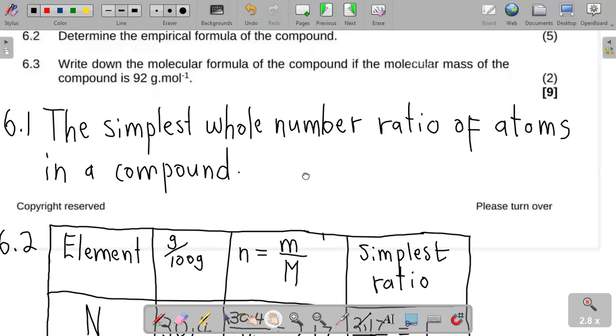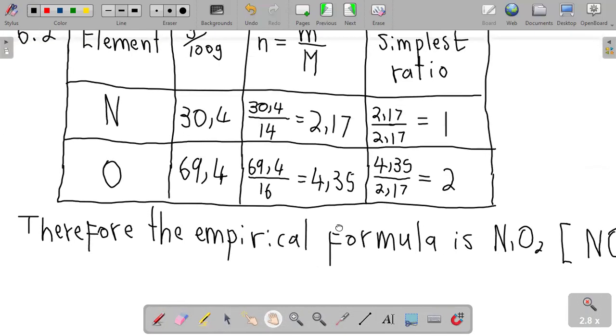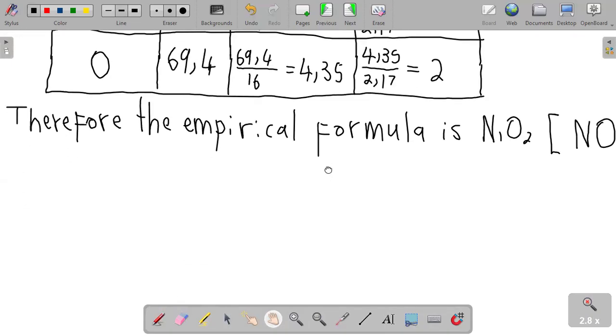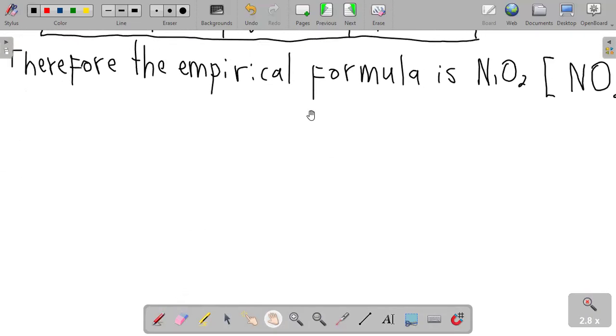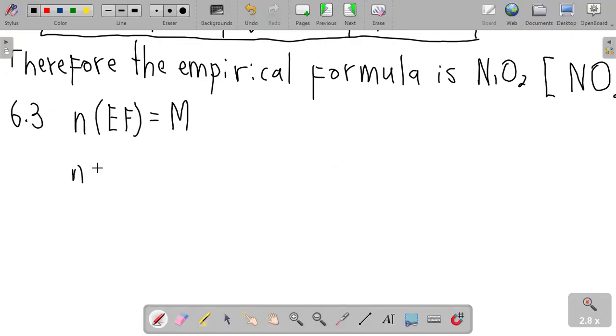For 6.3, we use our formula: n equals M divided by EF, the molecular mass divided by the empirical formula mass.